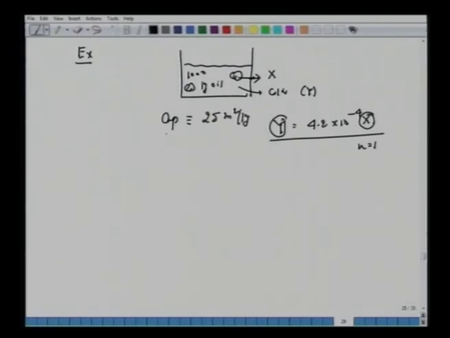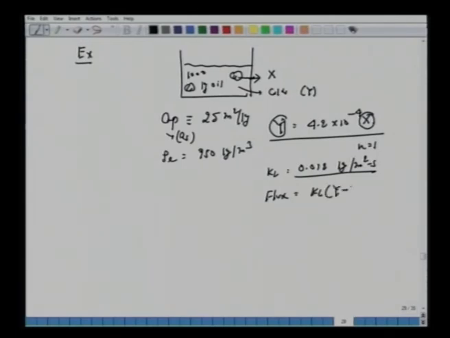This AP is the same as what we have used in nomenclature, maybe AS. Rho L, the oil density, is 950 kg per cubic meter. Let's say we have KL as 0.012 kg per meter square per second. Look at this unit. All it means is that we have the flux given as KL into y minus ys.